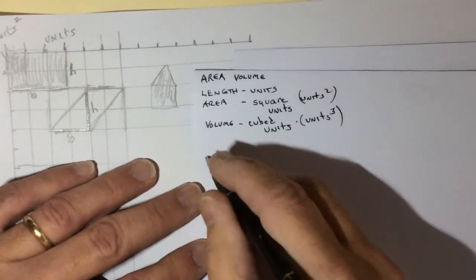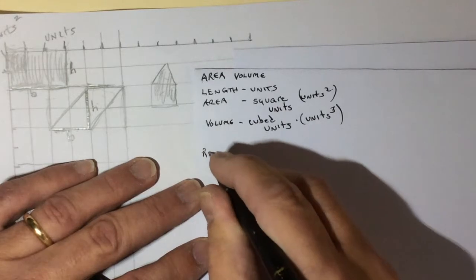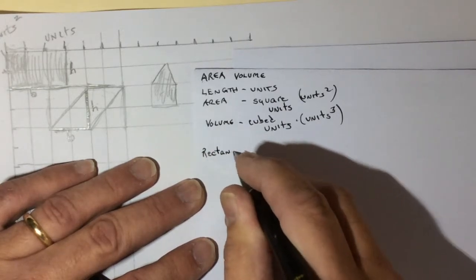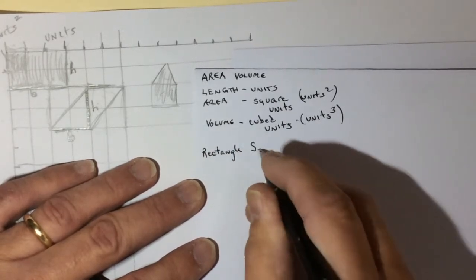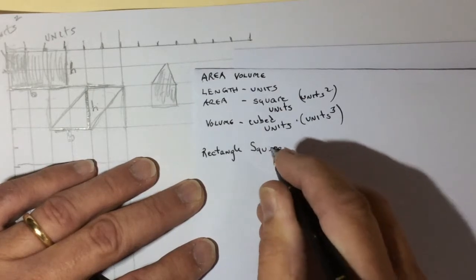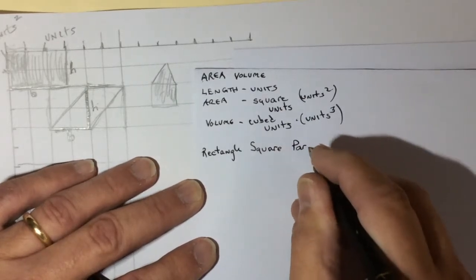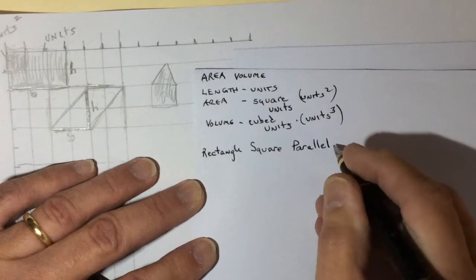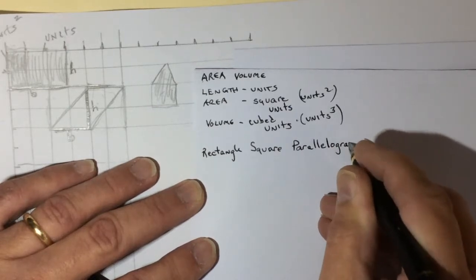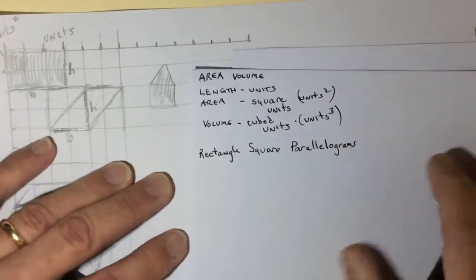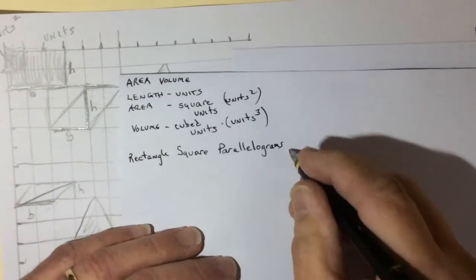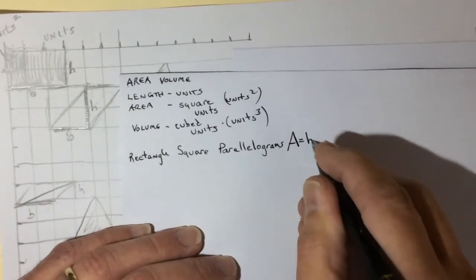For a rectangle, a square, or a parallelogram, and keep in mind I'm listing them as being separate, but squares and rectangles are also parallelograms. For all of those, the area is equal to the base times the height.